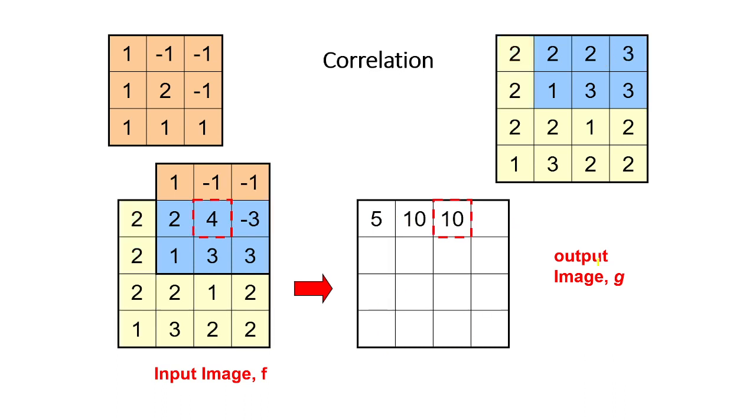So similarly for the next, it gets applied like this. This way each pixel value is calculated for the input image.